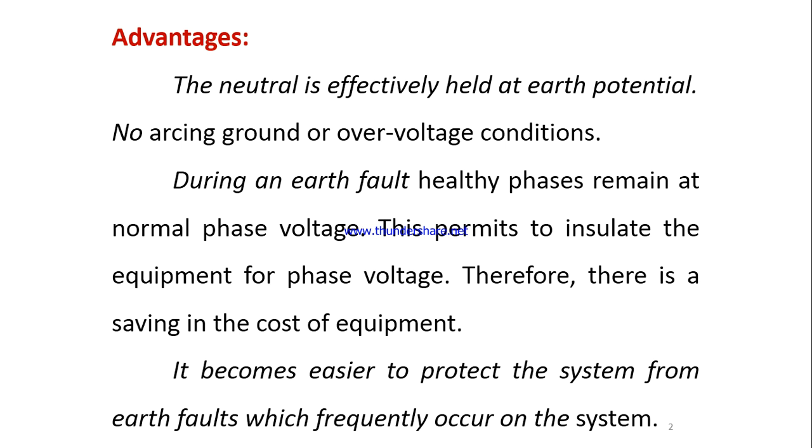So no arcing ground or over voltage conditions will occur. If there is an earth fault, the healthy phases remain at normal phase voltage. This permits insulating the equipment for phase voltage, hence the cost saving is optimal in this case. Also, it becomes easier to protect the system from earth faults which may occur frequently in the system.